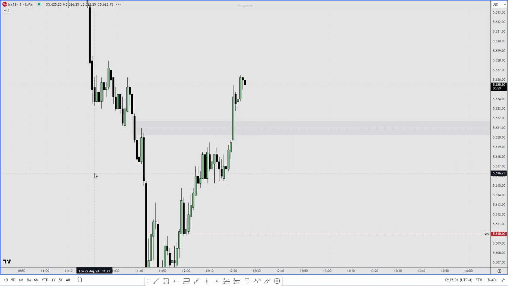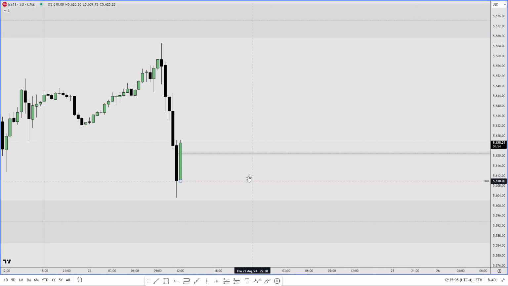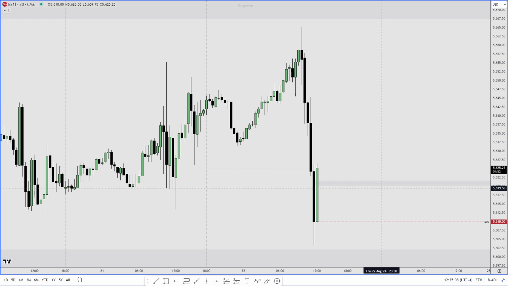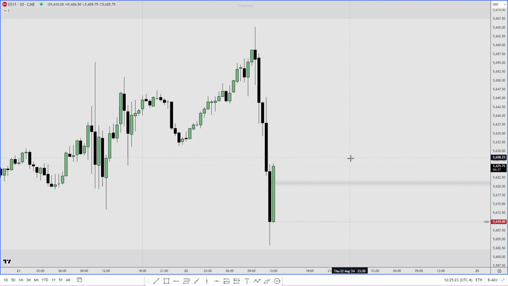Alright, so if you take a look at the 30 minutes, we are here. We are trading into this fair value gap with the breaker. We could want to do something like this. That is totally possible. Alright, let's see if we can do that. So this is the breaker.